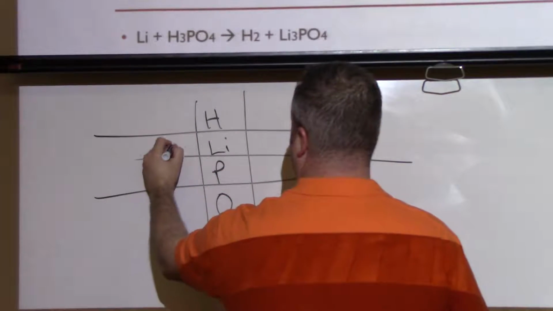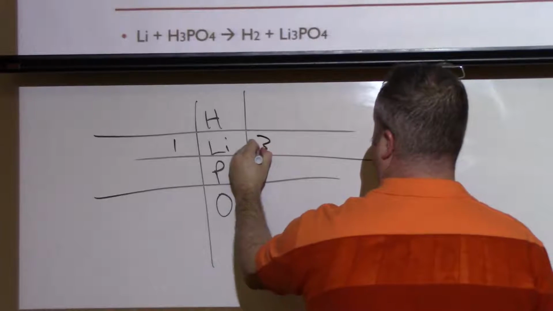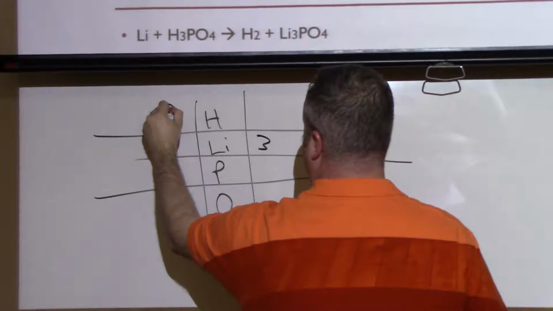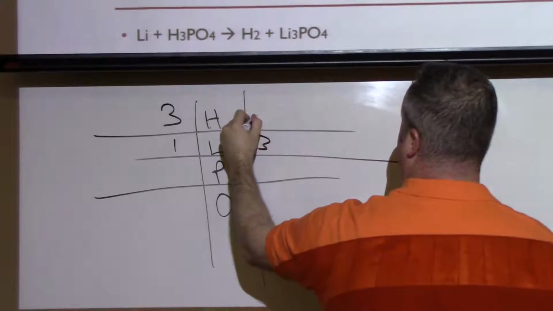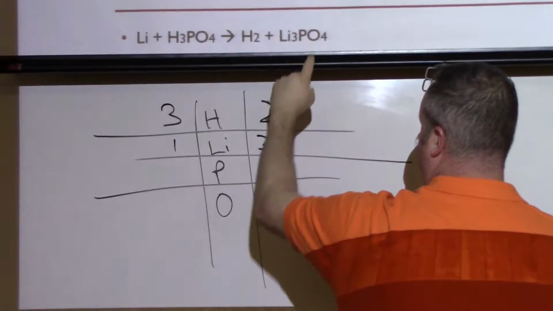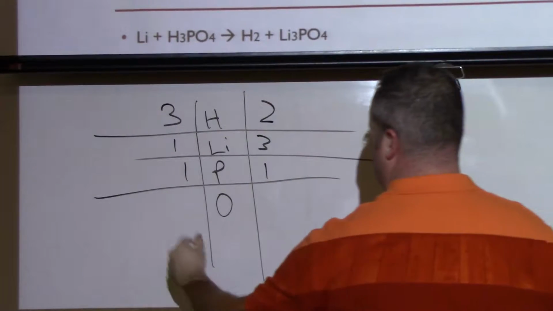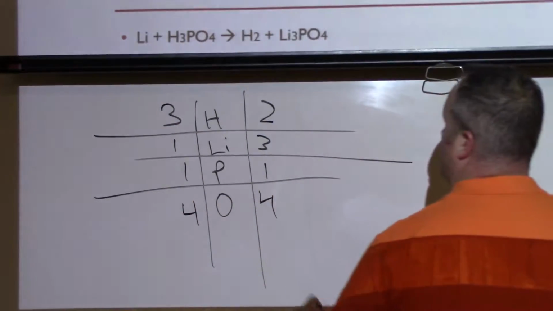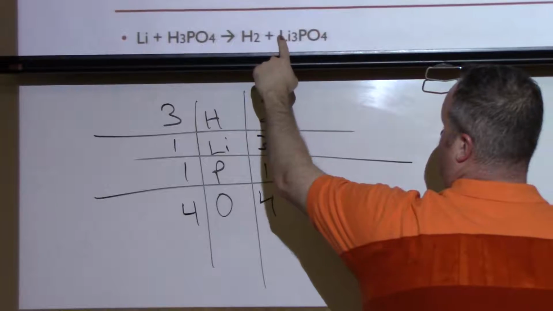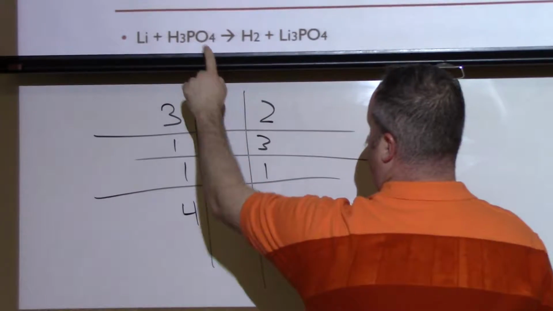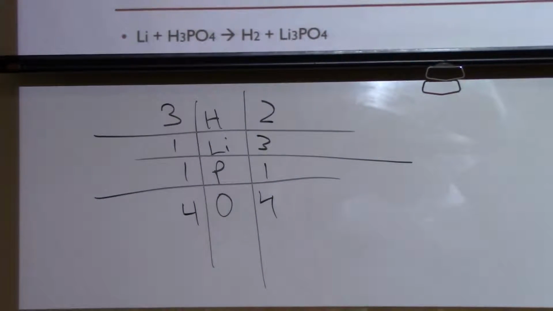So here I have 1 lithium, over here I have 3, over here I have 3 hydrogen, over here I have 2, 1 phosphorus and 1 phosphorus, and then 4 oxygen, 4 oxygen. Remember, if there's no coefficient, you can imagine that it's 1, and if there's no subscript, you can imagine that is 1 as well.